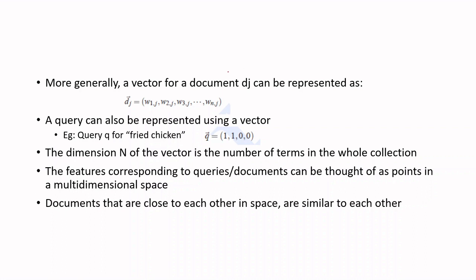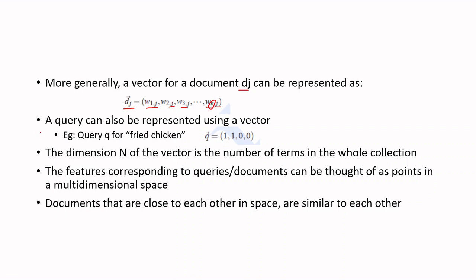More generally speaking, a vector for document dj can be represented as a vector with multiple weights w1j, w2j, w3j up to wnj, and this n, which is the dimension, is the maximum number of words recognized by our system.